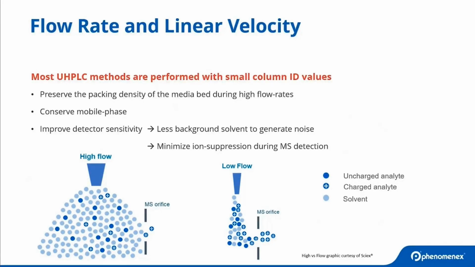Smaller ID also gives you a chance just to conserve mobile phase overall. But really, we are being mindful of improving sensitivity by mitigating opportunity for ion suppression that would otherwise occur with a large volume of eluent going into the mass spec instrument.